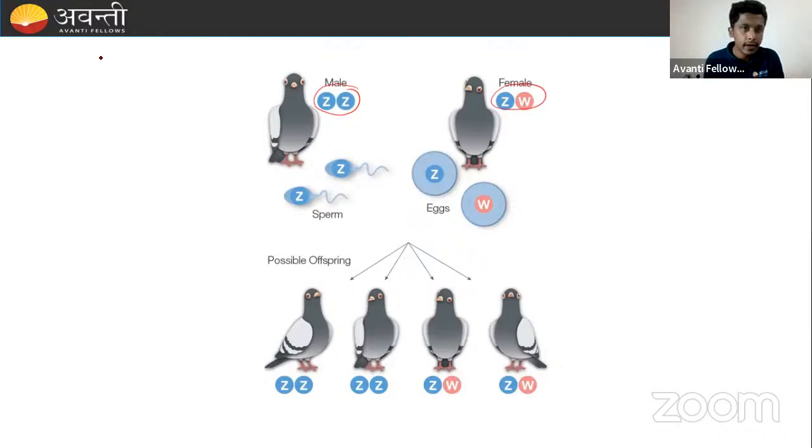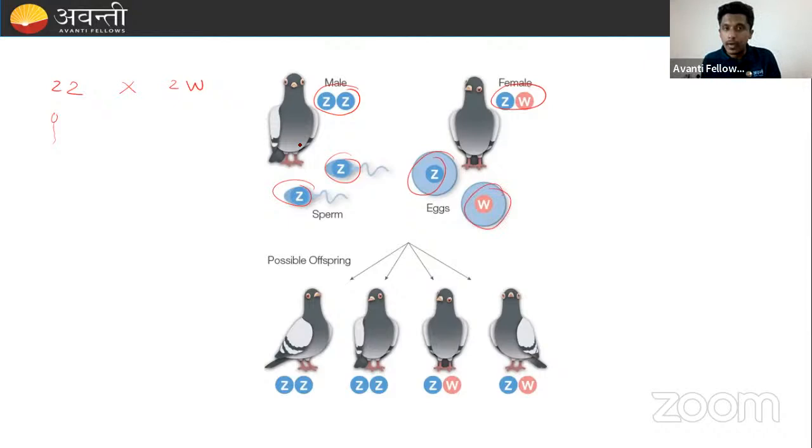So what is happening here? The male shows ZZ type of sex chromosomes, whereas the female shows ZW type of sex chromosomes along with the autosomes. When a male produces sperms, all of the sperms will be of only Z type, whereas a female will produce two different types of eggs. That is one Z type of egg and the other one is W type of egg. Correct?